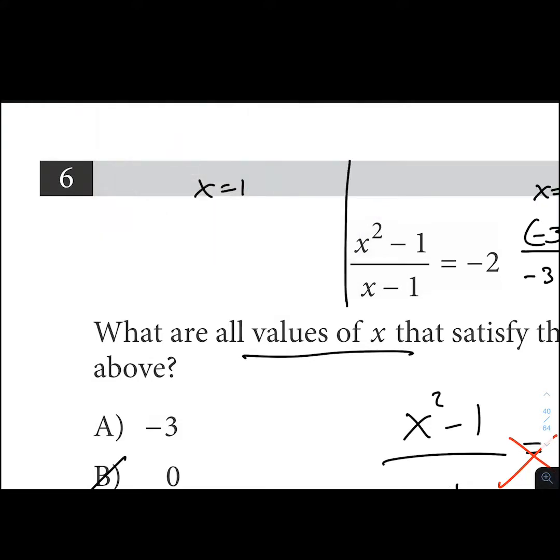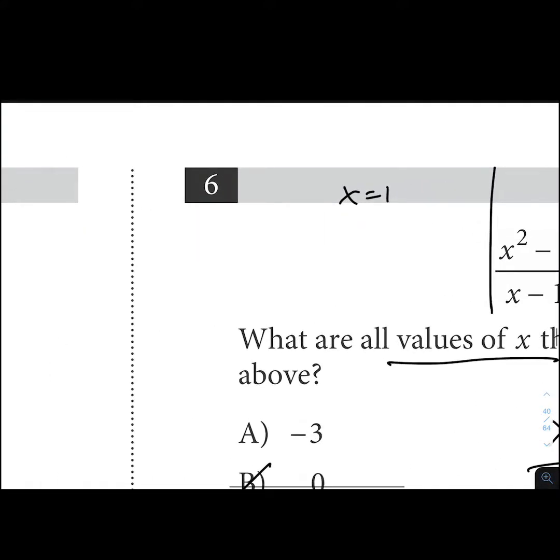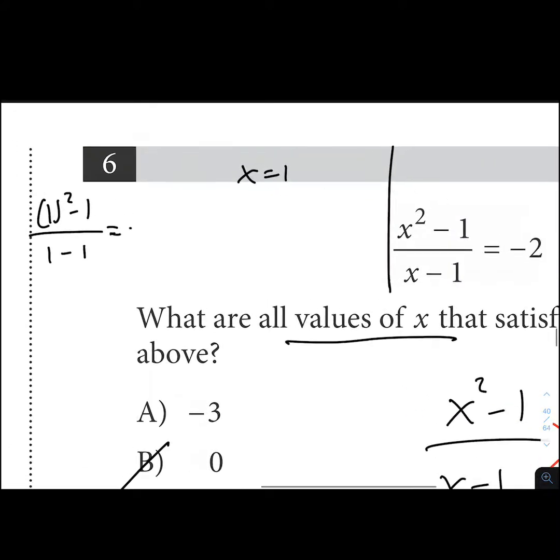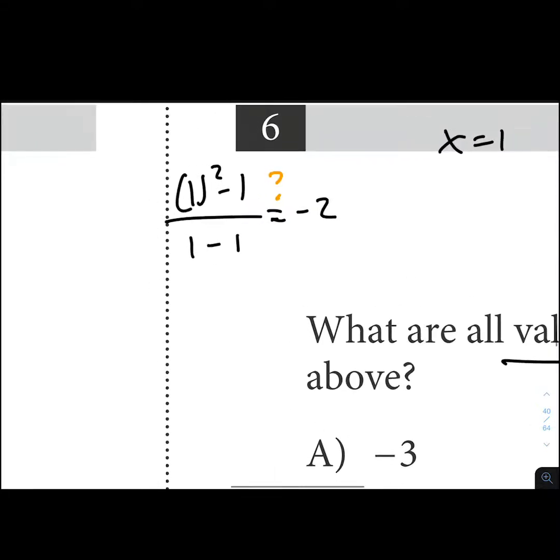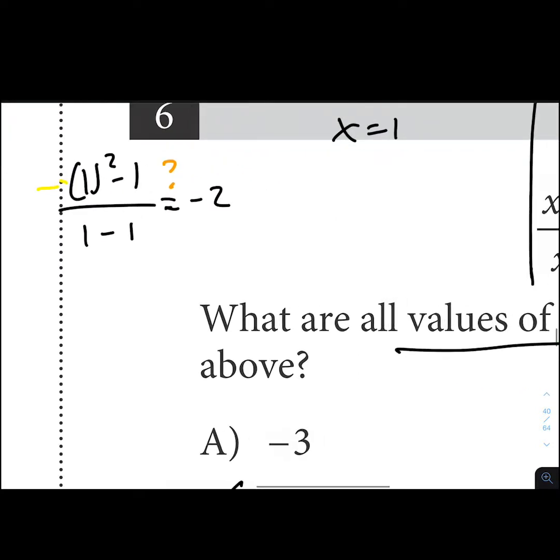Let's check to see if x equals 1 works. So when x is 1, is my corresponding answer -2? Let's work it out. So looking on this one right here, the very top, 1 squared minus 1, well, 1 squared, okay, I'm going to have to work it out here.